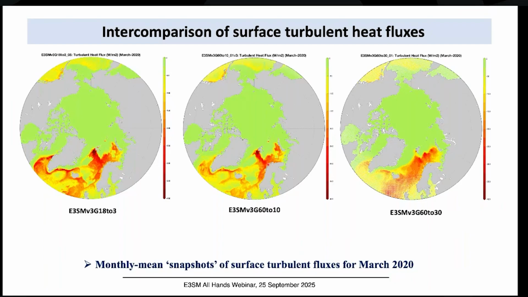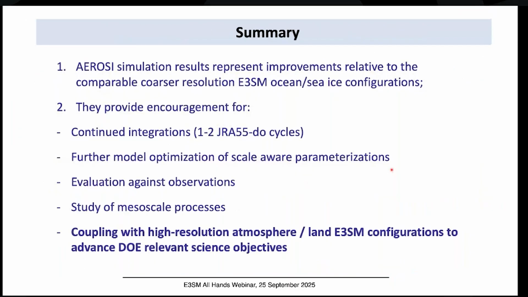Highlight RASM at 10 kilometers has the Nordic Sea and the Barents Sea possibly reasonably well represented, but clearly underestimates the Labrador Sea turbulent fluxes compared to AEROSI, and the low resolution, coarse resolution simulation underestimates in all the regions.